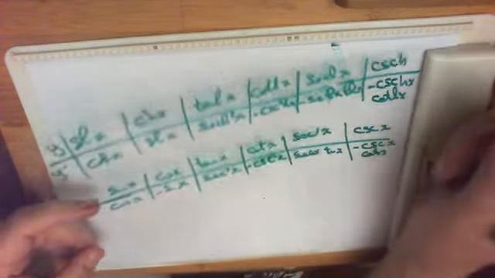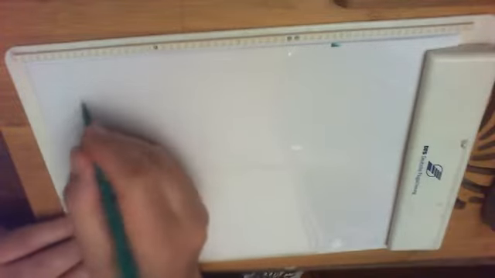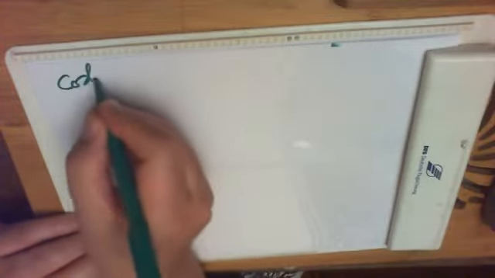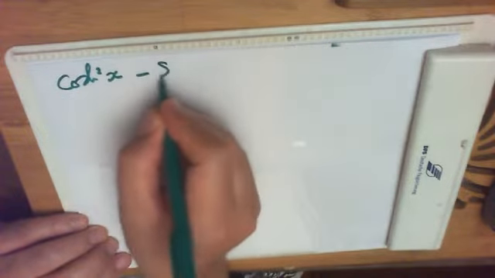Now let us discuss very important algebraic relations concerning the hyperbolic functions. We have already studied and proved that cosh squared minus sinh squared, the golden rule, equals 1. Cosh squared x minus sinh squared x equals 1.